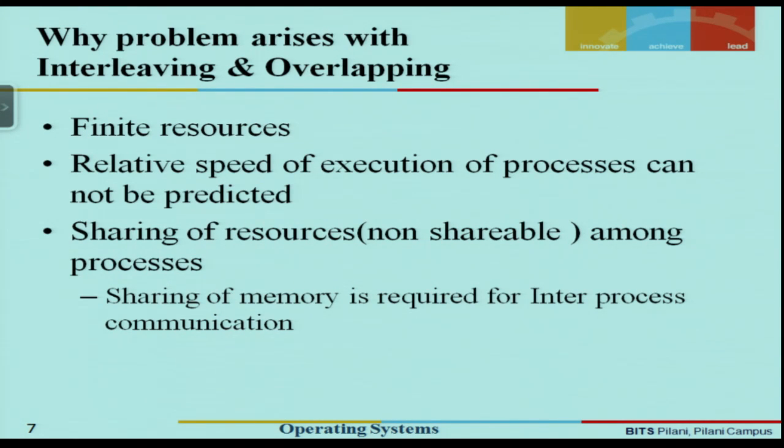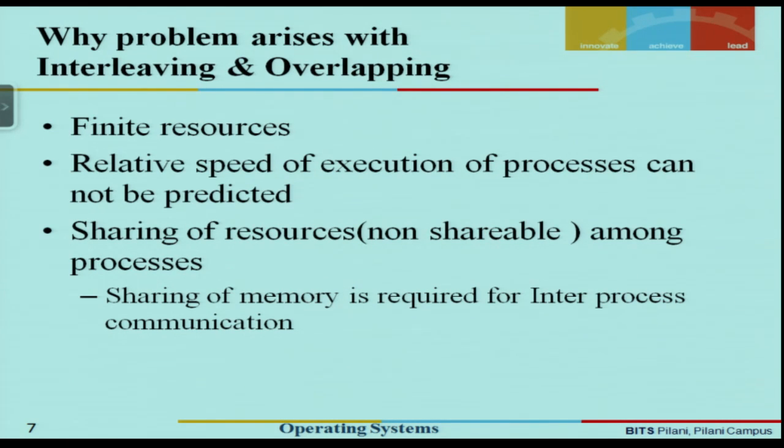These are a few issues which one would need to resolve. And whenever sharing is carried out, this would mean that some kind of coordination among the processes is required.